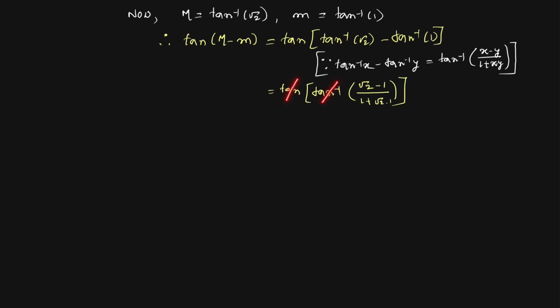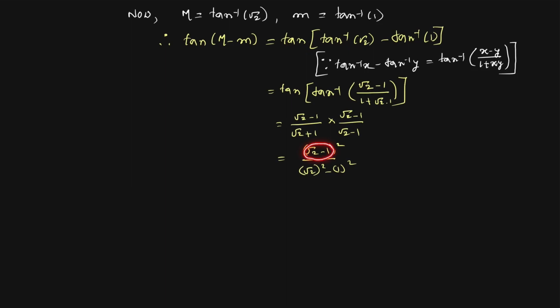Tan is cancelled with tan inverse, so this is equal to root 2 minus 1 divided by root 2 plus 1. Now we rationalize, multiplying by root 2 minus 1 divided by root 2 minus 1, which is equal to root 2 minus 1 whole square divided by root 2 whole square minus 1 whole square.